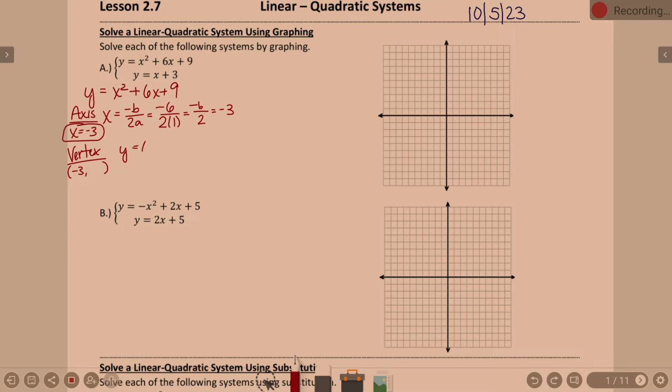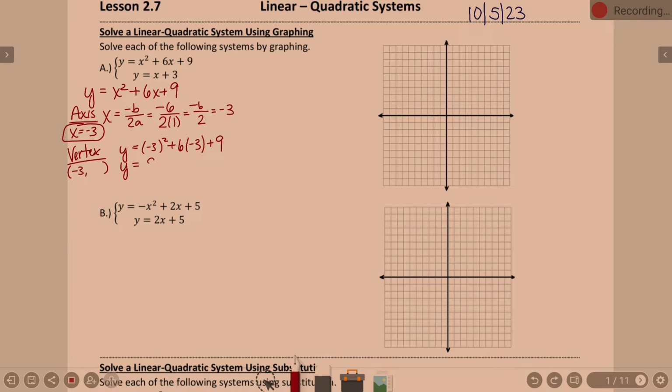So y equals negative 3 squared plus 6 times negative 3 plus 9. No. We are graphing the top equation right now. The bottom equation will be a whole separate graph. So we have to use the equation we're trying to graph.